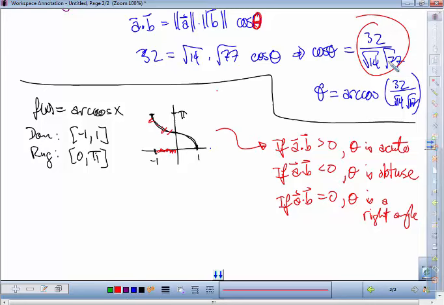So if we had multiple vectors, would that mean that all the angles are perpendicular? If the dot products are equal to 0, if you have three vectors, then yeah, that means they're all perpendicular to each other.